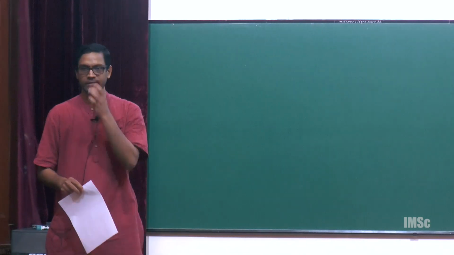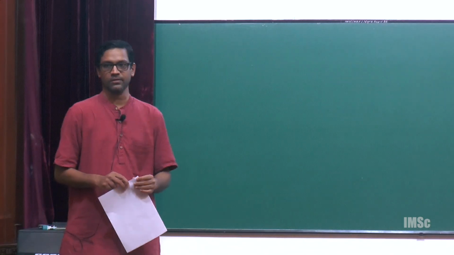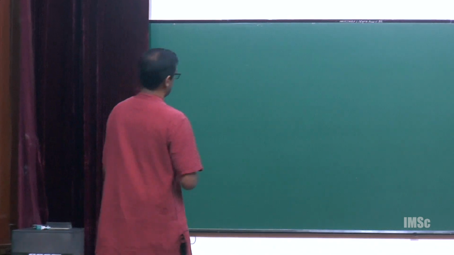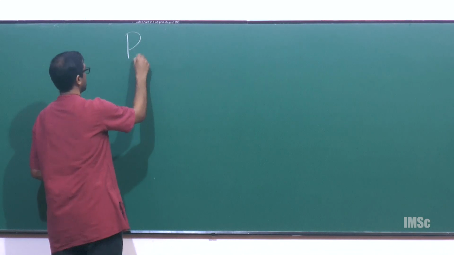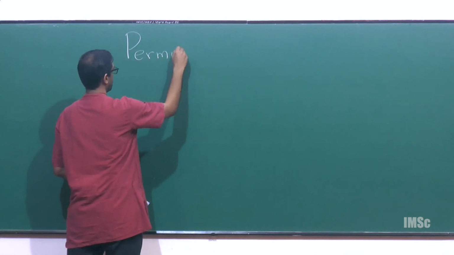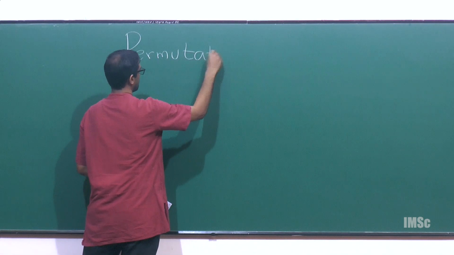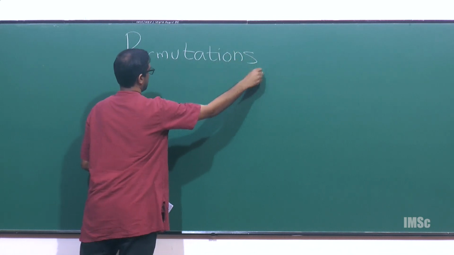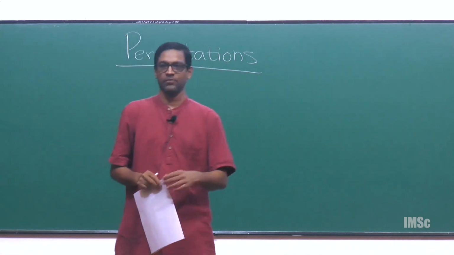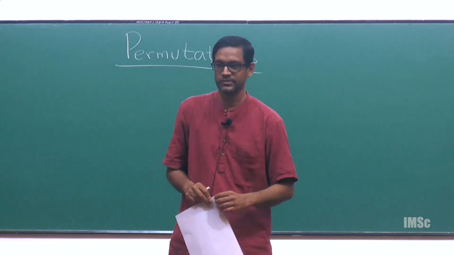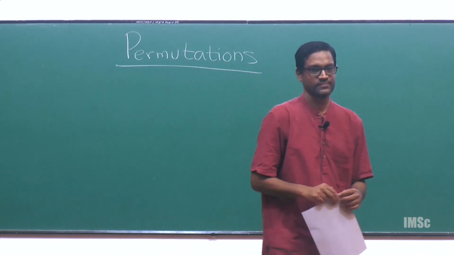What I'm going to talk about is something that you've probably seen for a very long time, starting from school at various stages. There's something called permutations. Maybe someone can give me an example of a permutation. What is a permutation?